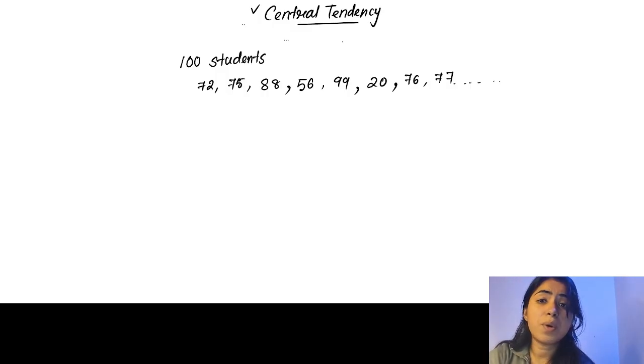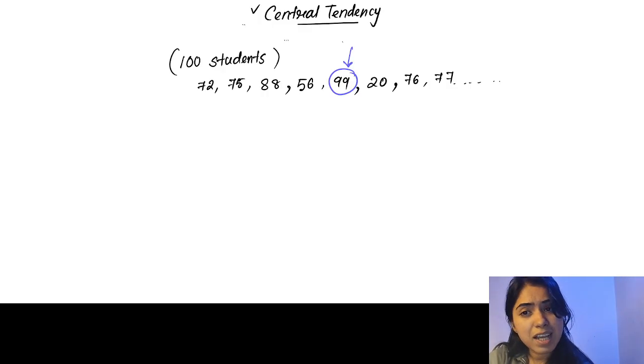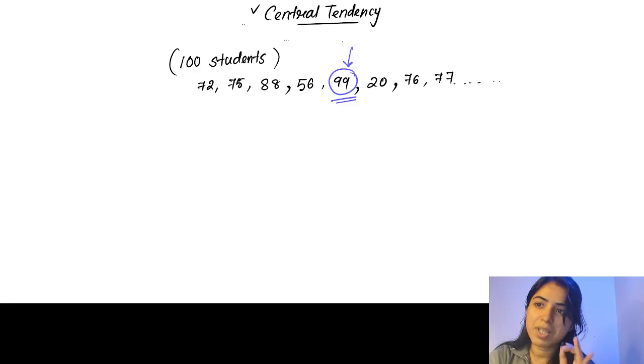Now, if I ask you what is the performance of the entire classroom, which value will you tell? That 99, that one person only got 99? Is that a real representation of the entire class?